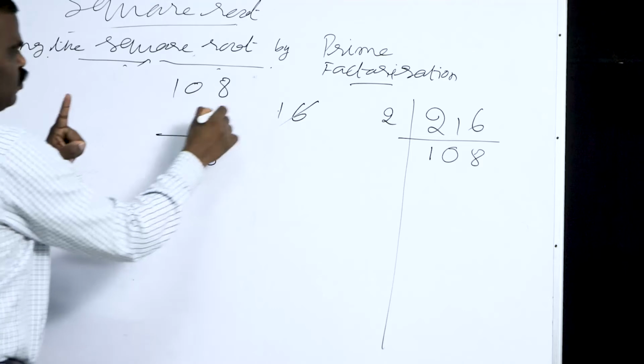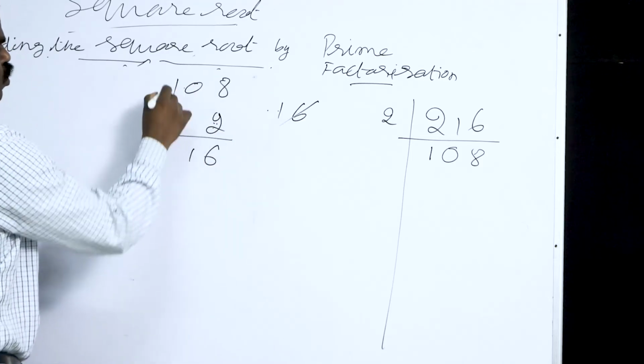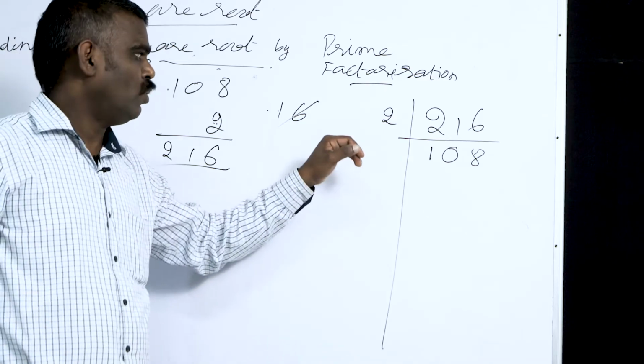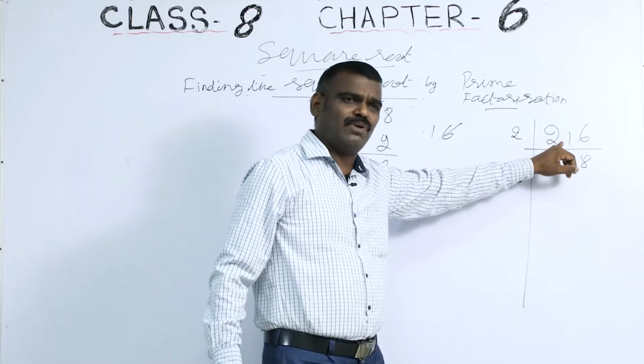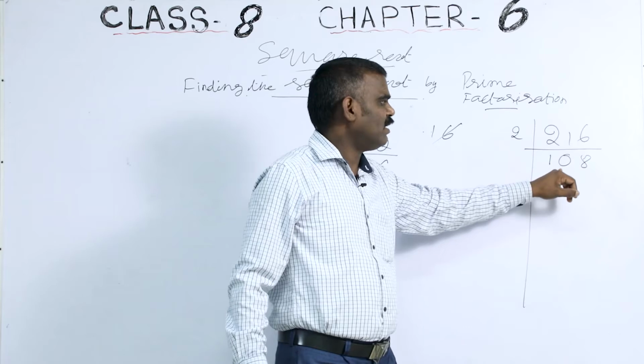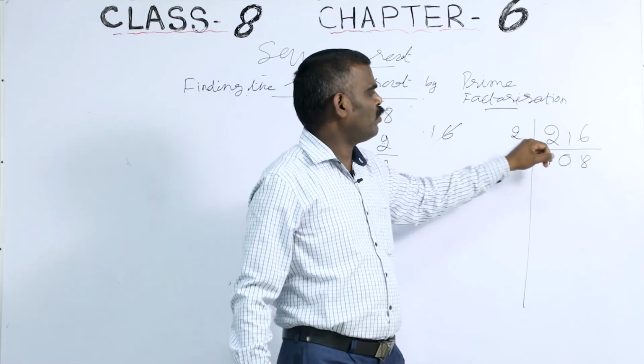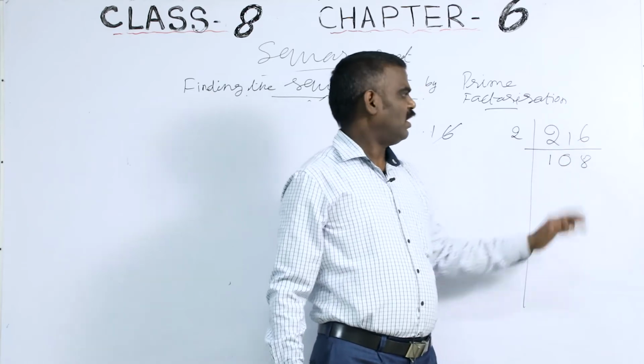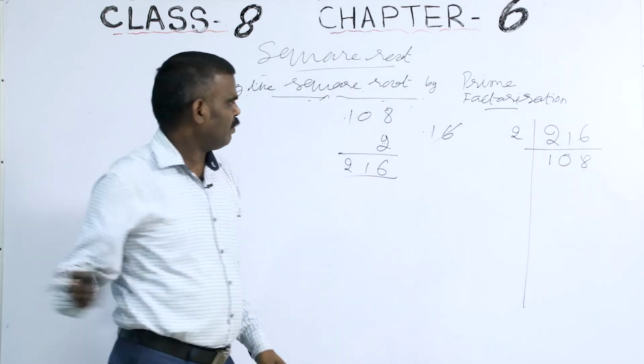Carry 1. 2 into 0, 0, 0 plus 1, 1. 2 into 1, 2. Getting it? Do you understand? So if a number is not divisible, then you have to put 0, then you go to the next number. Understood? Okay, this is one.